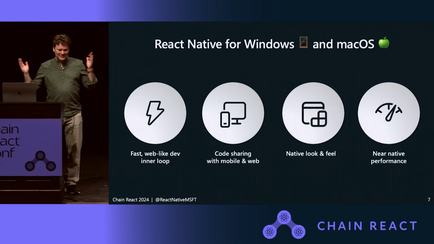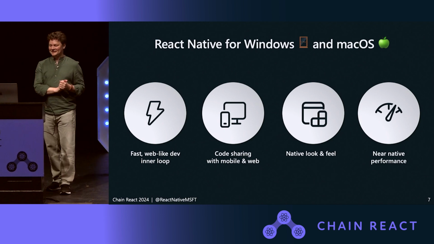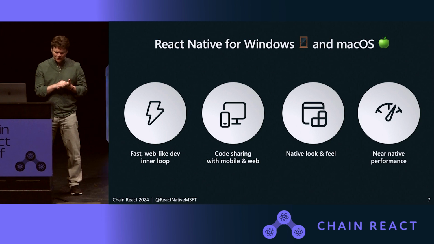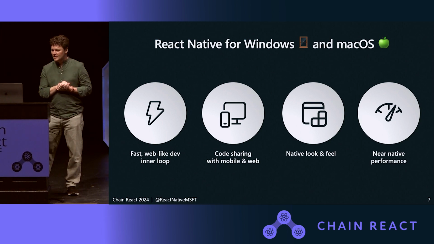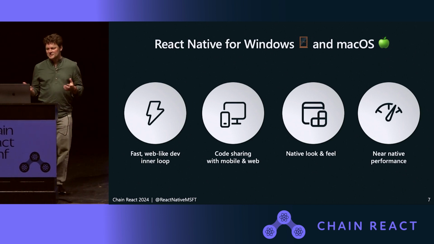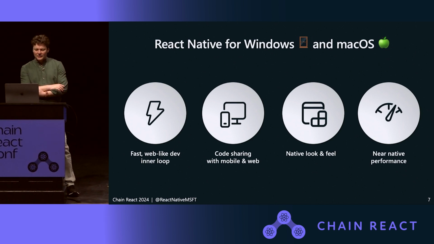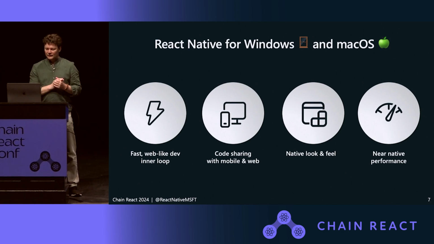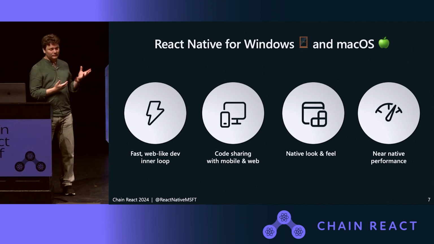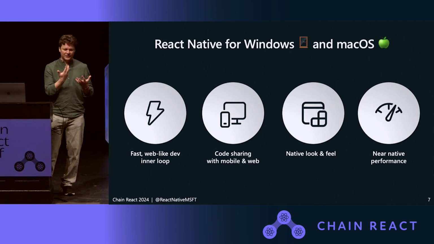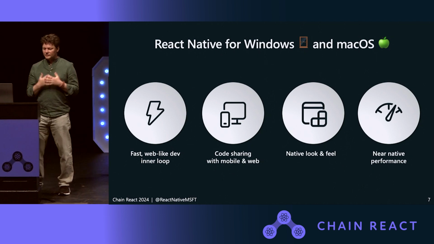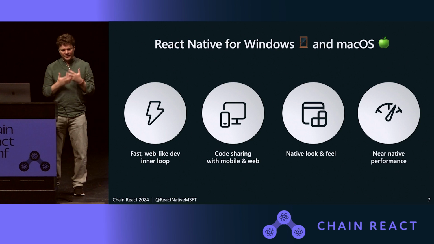And React Native comes to help here as a superhero. We've worked with React Native for quite some time now, in the Windows team, in the Xbox team, the Office team. And having React Native has many benefits. First of all, we've got a fast inner dev loop, with things like fast refresh. They work. I mentioned code sharing, and that is a huge thing.